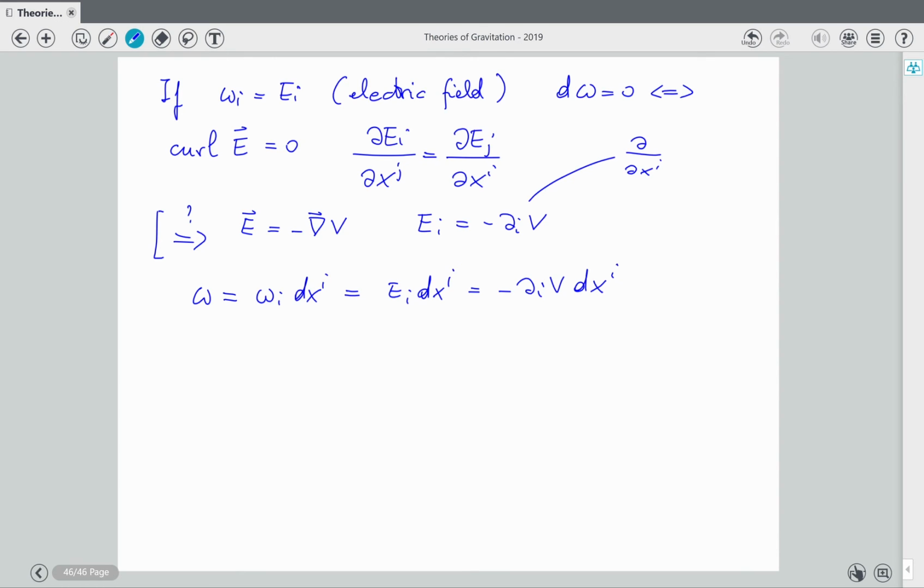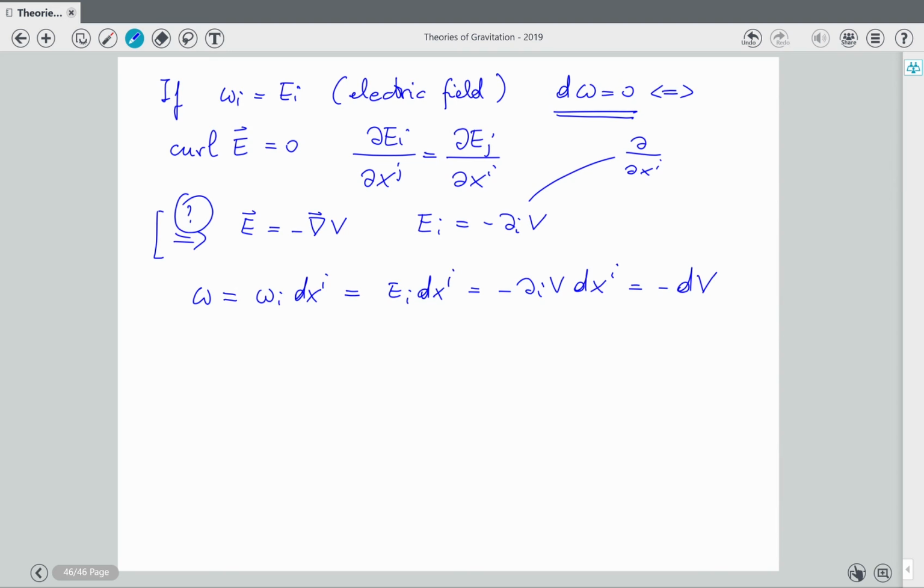Well, this is the differential of the function minus V. So omega in this case is said to be exact. Not only closed: omega is a closed differential form if d of omega is 0, but if omega is d of something else, it's said to be exact.